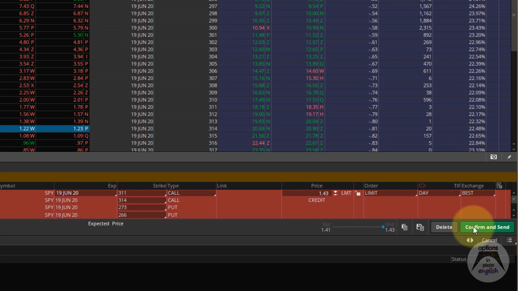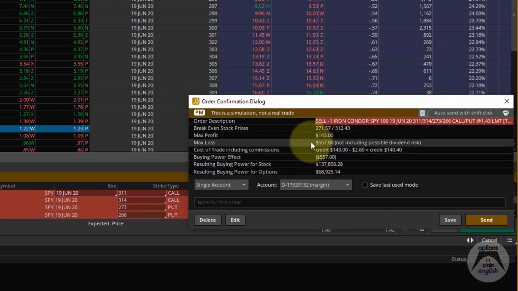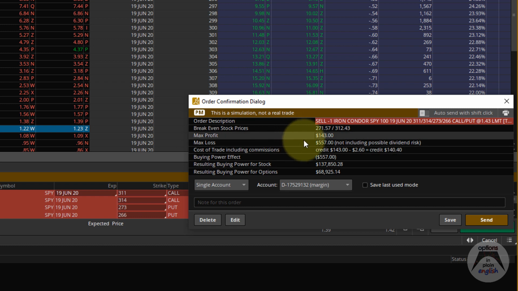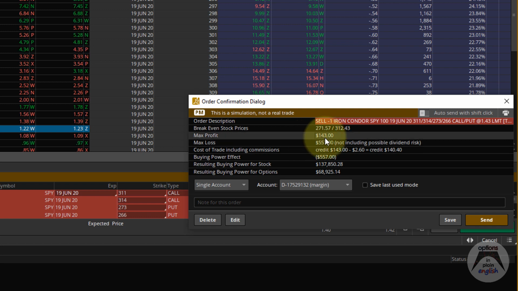Okay. Now, if I hit confirm and send, I'm just going to take a look at the buying power effect, which is the same as the max loss. It's going to be $557. Why? Because we have a $7 wide short put spread, and on the whole iron condor we're collecting 143.